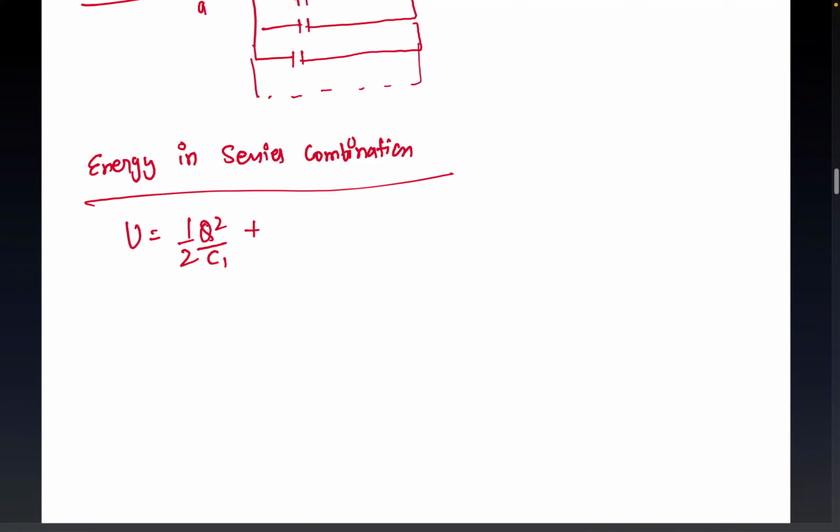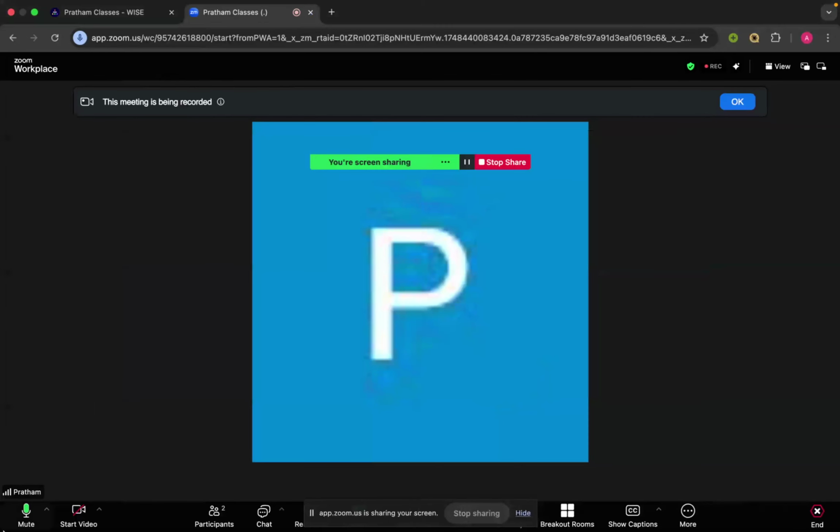If you are in the series, in series charge is the same. Because in capacitor we don't talk about current, we talk about the charges. So U equals 1 by 2 q square by C1, plus q square by C2, plus C3 and so on.